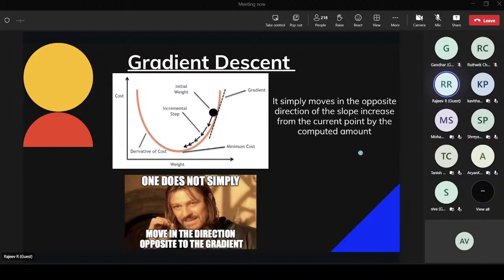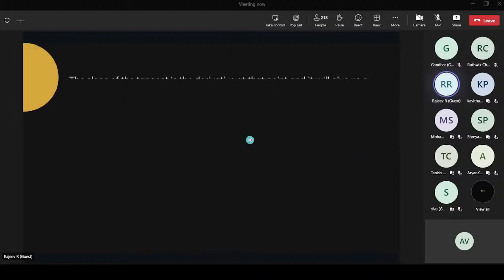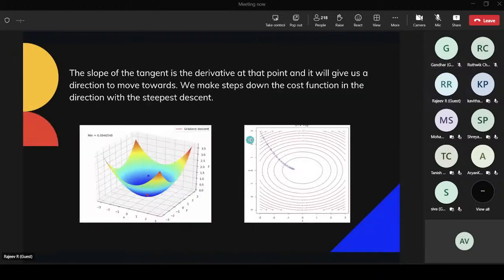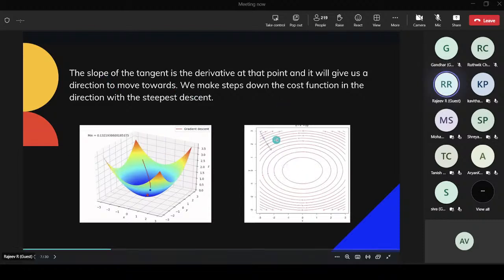So that's basically gradient descent. We'll be going behind the math in a few slides. This is just a good representation of gradient descent. It'll help you visualize why this works and what it tries to do. Stuff like this is good to help me visualize what I want to do.